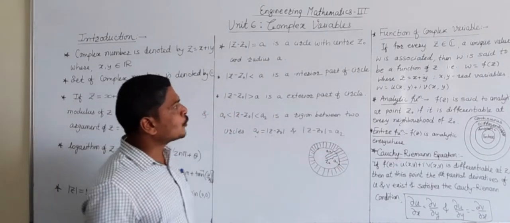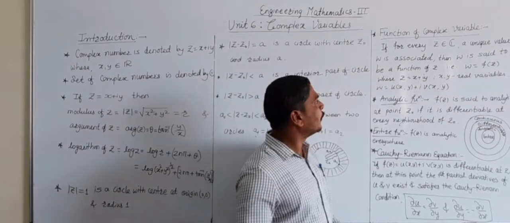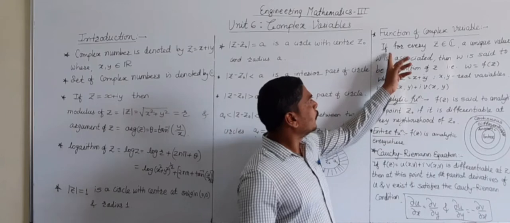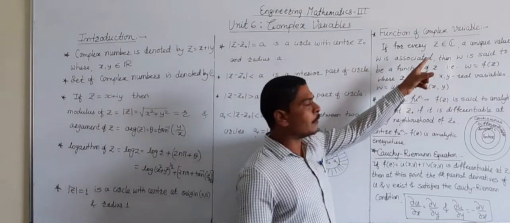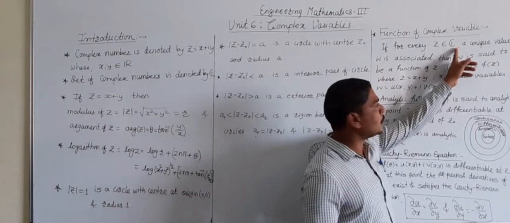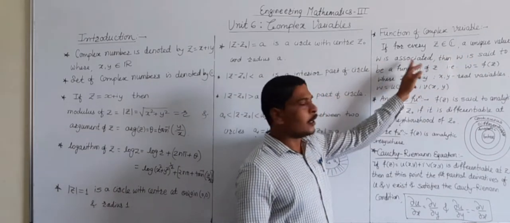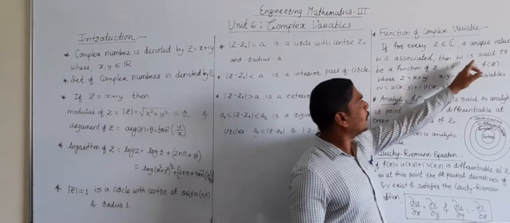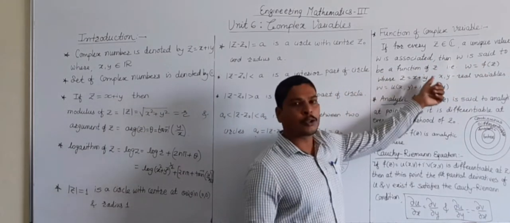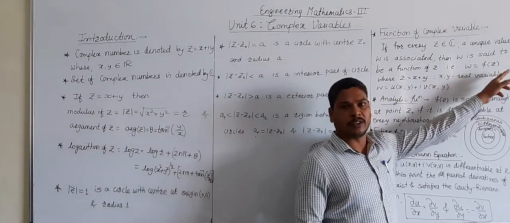Okay, next, function of a complex variable. As with a function of a real variable, here we define a function of a complex variable. If for every z belonging to C a unique value w is associated, then w is said to be a function of z, and it is written as w is equal to f of z.